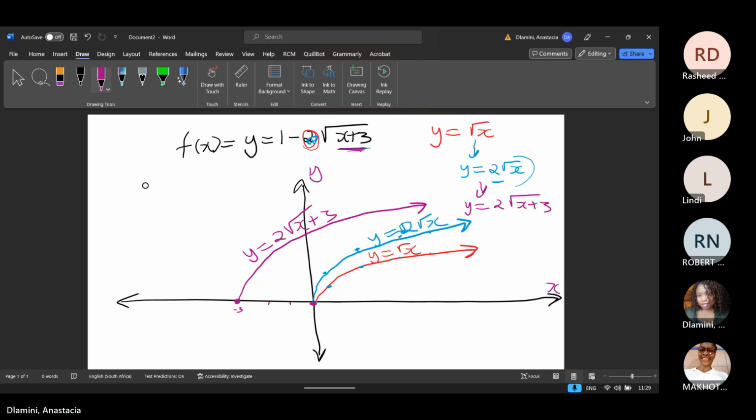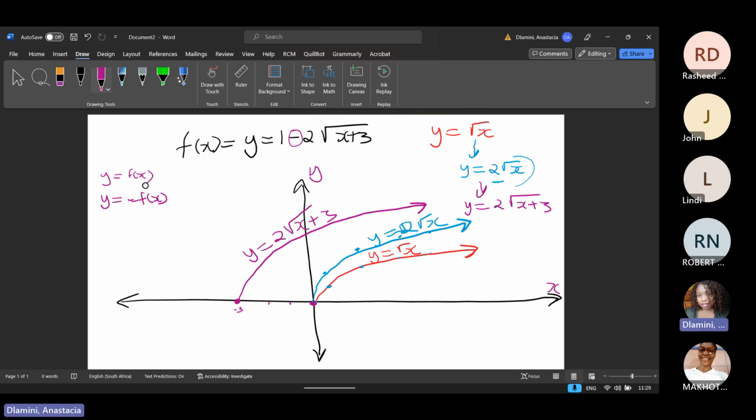Now, going back to this equation here, you will notice that there's a negative in front of the 2. We say that if you have y = f(x), and you multiply f(x) by a negative, what did we say that is?